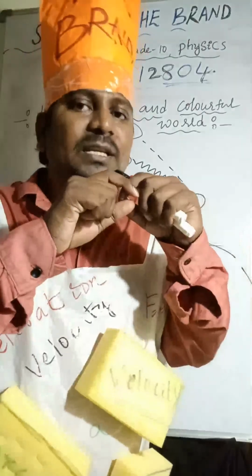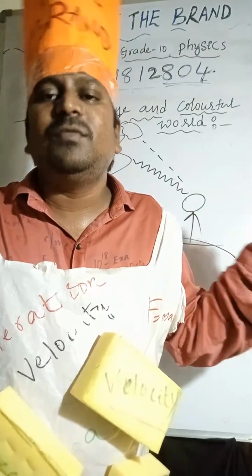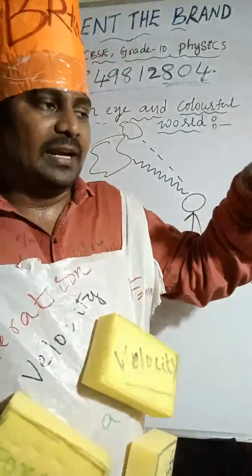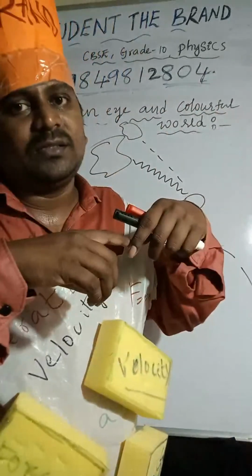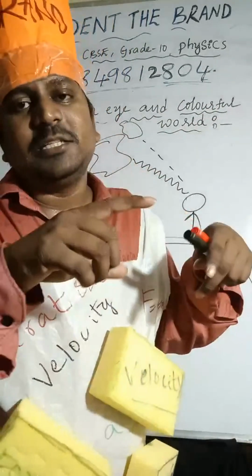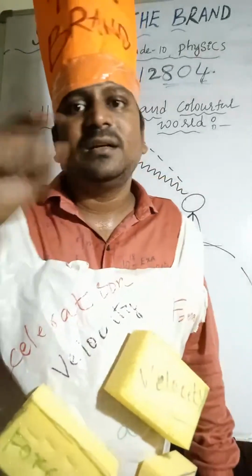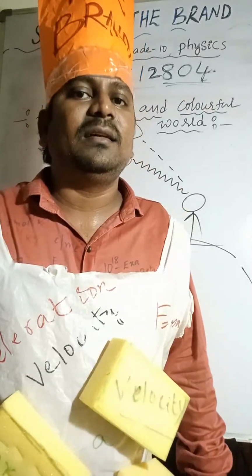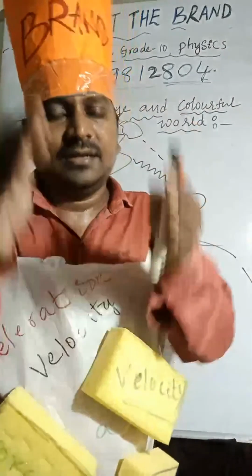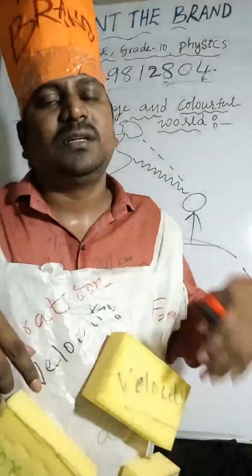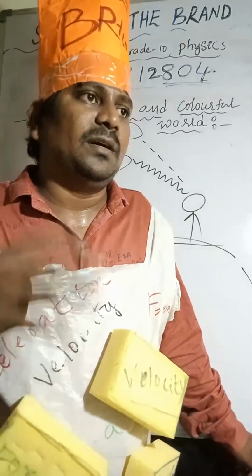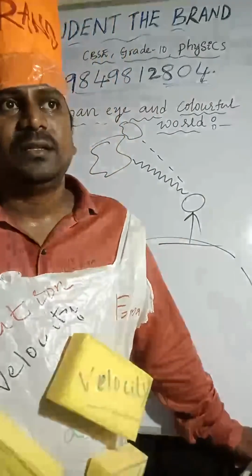Then the path of the light becomes visible very clearly. You can take red light and water in a normal transparent glass, and if you send the light ray, you can see the color of the light very clearly within that glass of water. So that is about Tyndall effect.